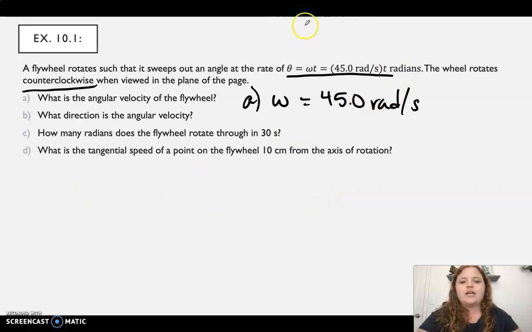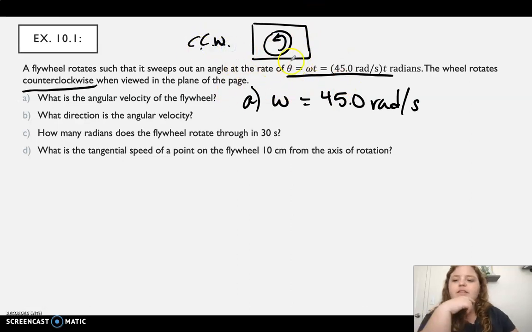So if it's rotating counterclockwise on our plane, counterclockwise would be going in this direction. So this is counterclockwise. Put that there. We want to know what the direction of the angular velocity is.